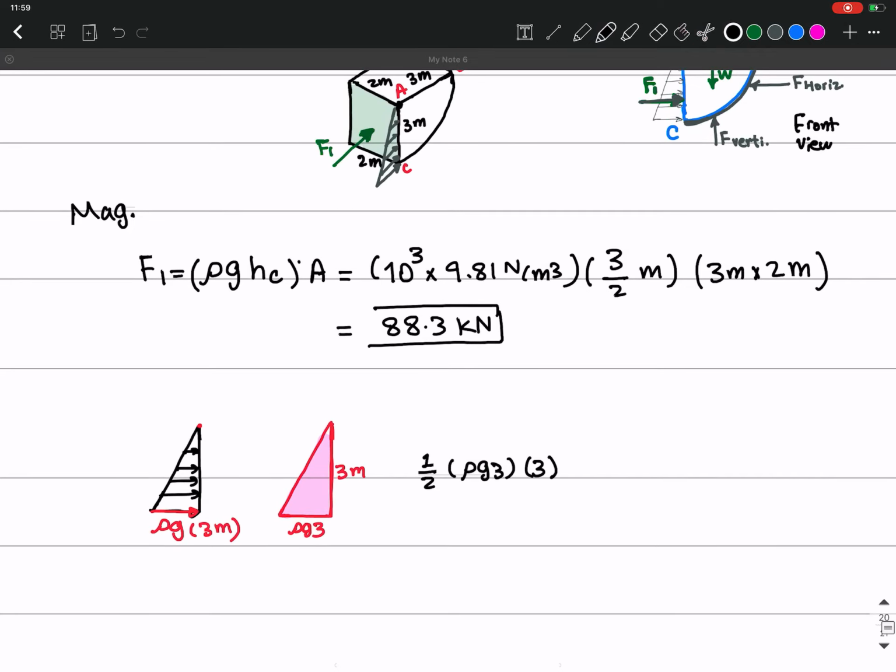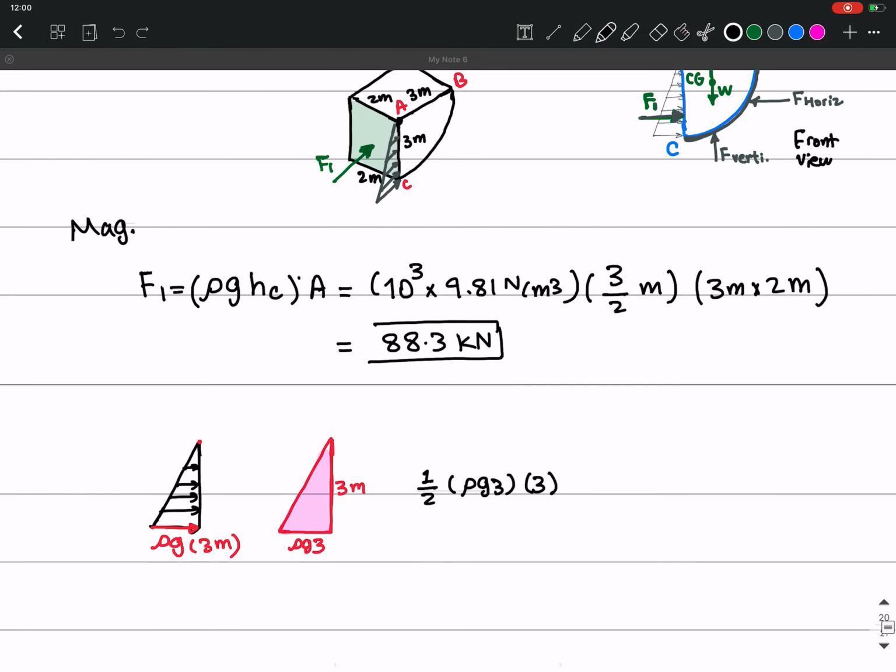This is the total force on this side, and then I have to multiply it by this 2 meters to get the total force on all this section.